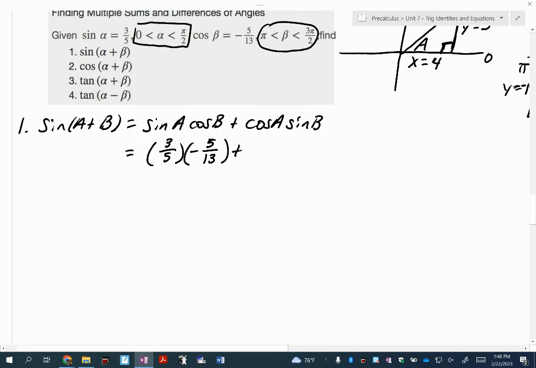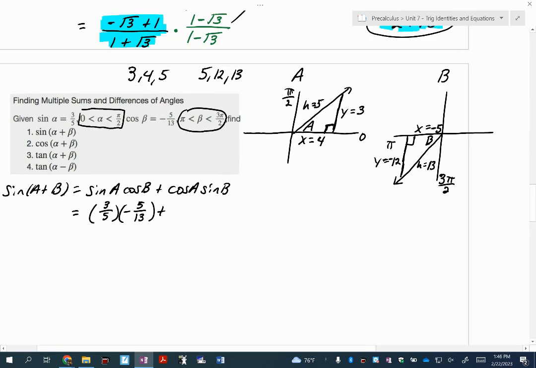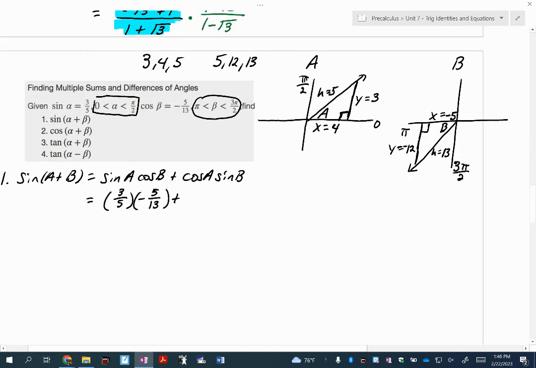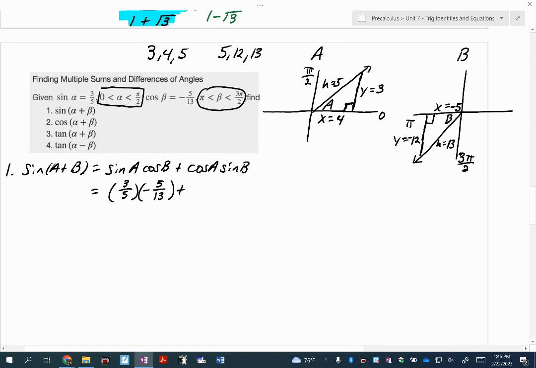But we're going to use these triangles over here, the drawings that I made, to find the cosine of angle A and the sine of angle B. So remember, cosine is adjacent over hypotenuse, so that's going to be this 4 here over the hypotenuse of 5. And then the sine of angle B is going to be the opposite side, which is -12 over the hypotenuse of 13.